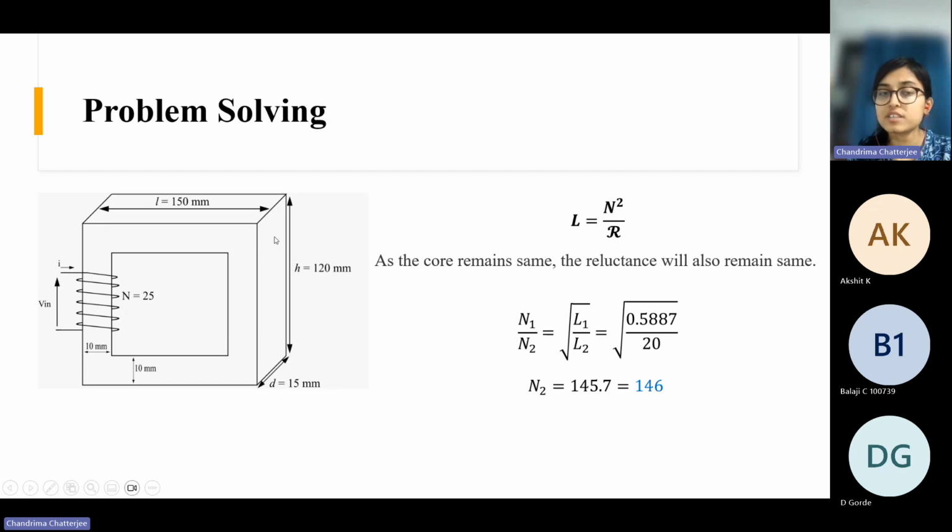As we are not changing the core, reluctance will be the same for both cases. So the number of turns we can calculate here. It will be 146. We will have to round it to an integer. So it is 146.